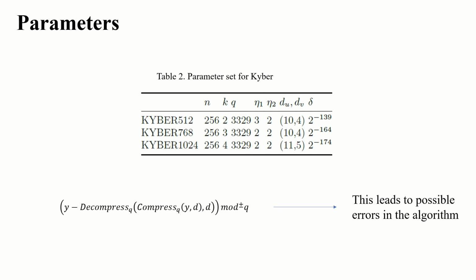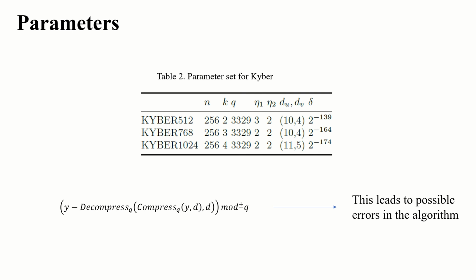And they choose q as a small prime satisfying that n can be divided by q minus 1. This is required to enable the fast NTT-based multiplication. There are 2 smaller primes for which this property holds, namely 256 and 769.